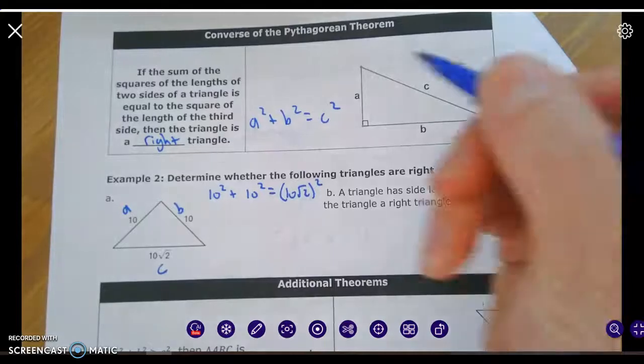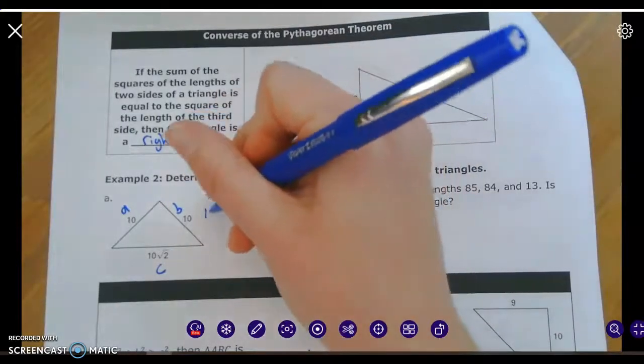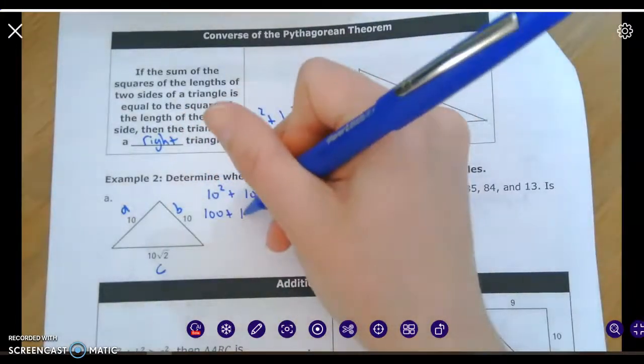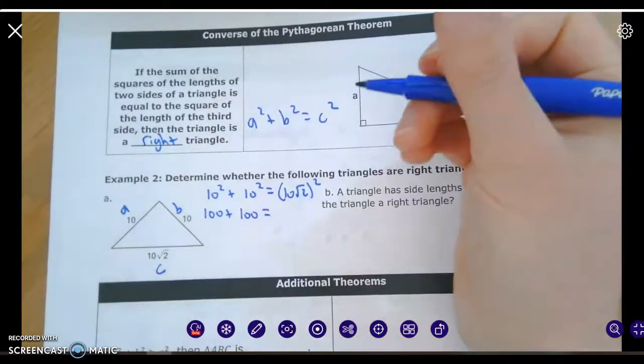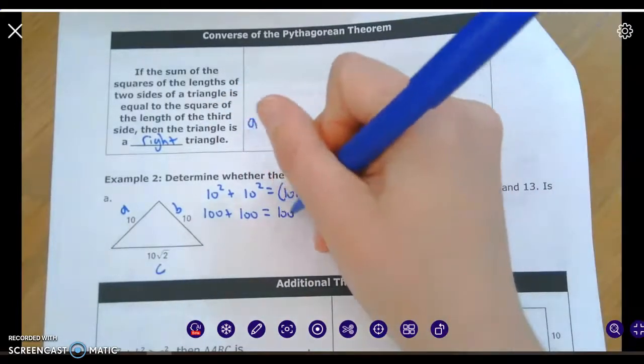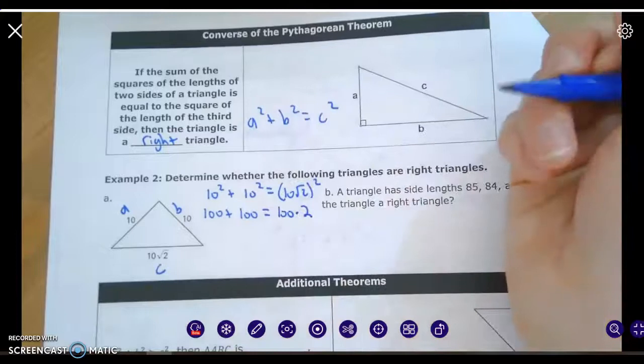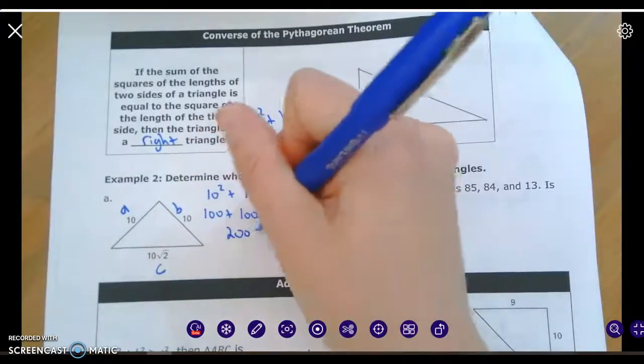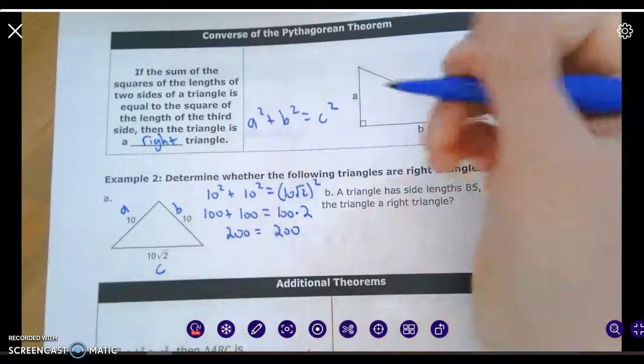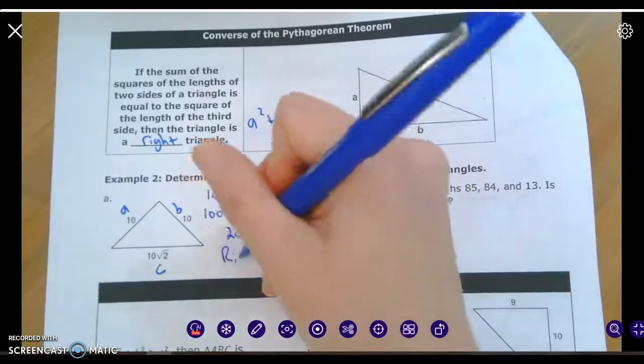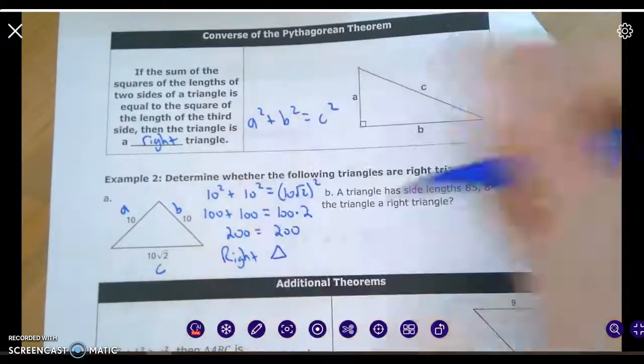So go ahead and square those out. So 10 squared is 100, 10 squared is 100, and 10 root 2 squared is 100 times 2. So we get 200 equals 200. So since these are equal, this is a right triangle.